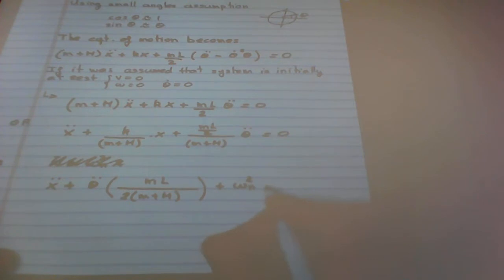So it should be equal to x double dot plus theta double dot mL divided by 2 times m plus M, plus omega n squared x equal to 0, where omega n will be what? K over m plus M, squared.